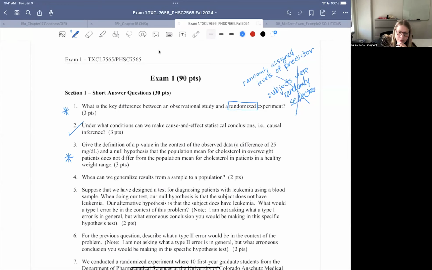The other common point or half a point that I took off: if you said the probability of seeing a result like this, if the null hypothesis was true, remember, that's just a point estimate. What we want to say is to see a result like this or something bigger or more dramatic, a bigger effect size than what we saw. So that got a few points deducted, or half a point deducted for that.